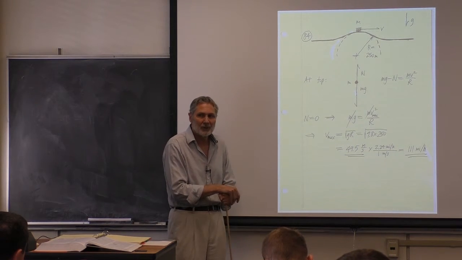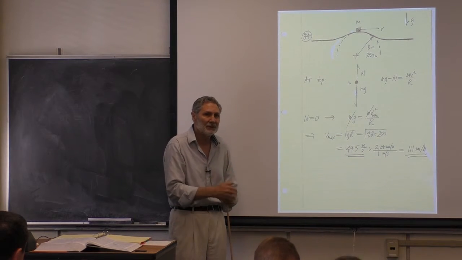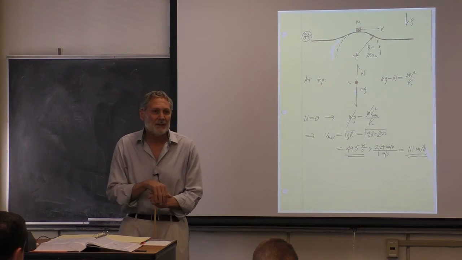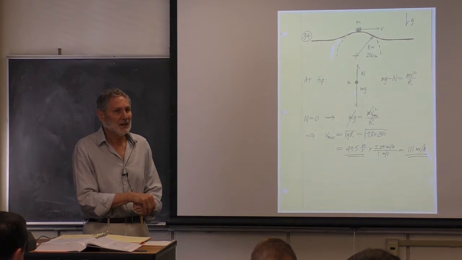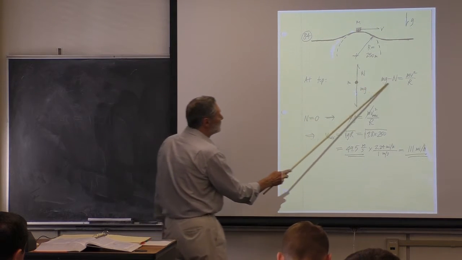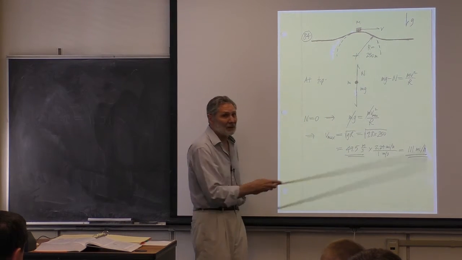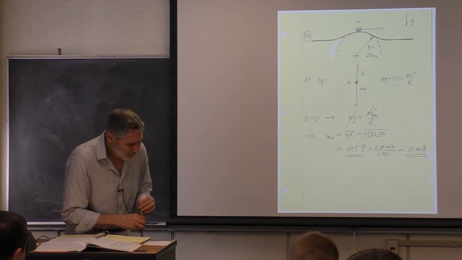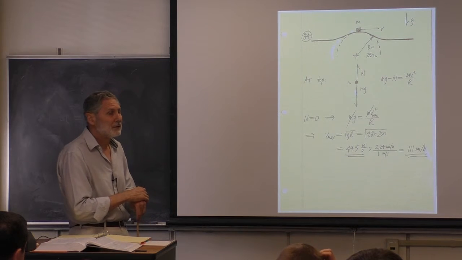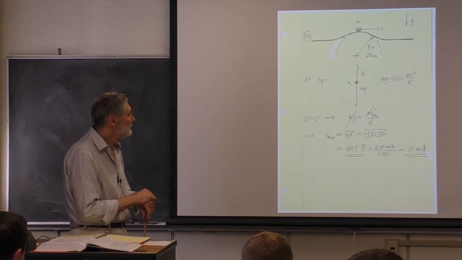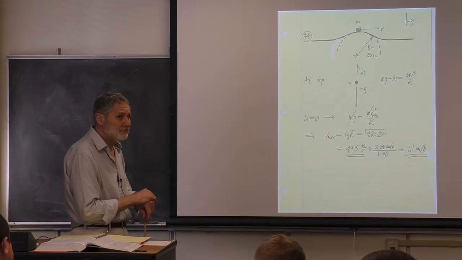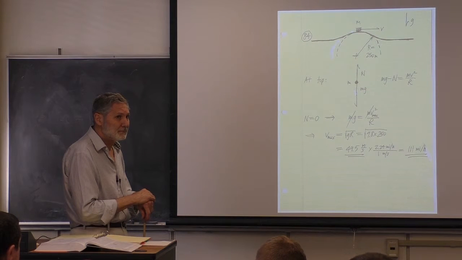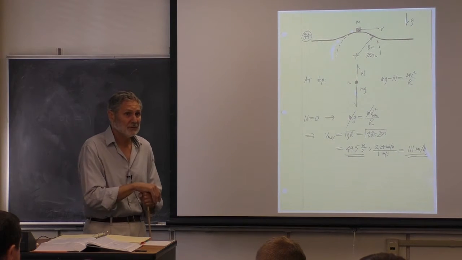In all the problems we've done before, because there's been no acceleration perpendicular to the surface, the net force has to be 0. Not now. Now we have to have a net force because this is moving in a little arc of a circle. We're getting used to saying N is mg because N minus mg has always been 0. That was for strictly horizontal problems. With this one, since there's a vertical portion, it's got to be equal to something. It's curved. We don't have a flat surface. That's the bottom line here.